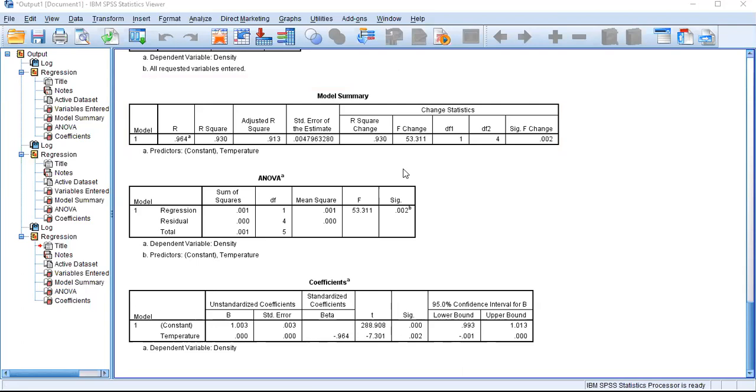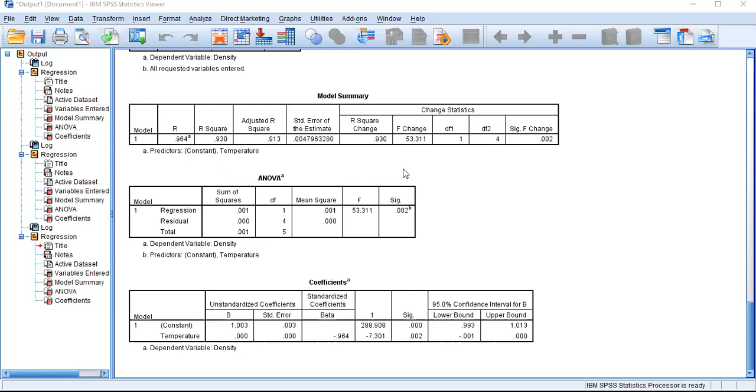Suppose we are testing for the significance of the regression. We are testing for the significance of the slope. The slope is beta 1. So H naught is beta 1 equals 0, which means we are saying it's insignificant.